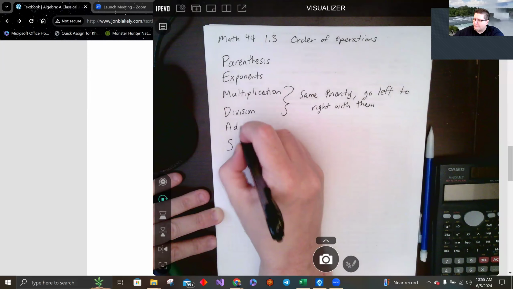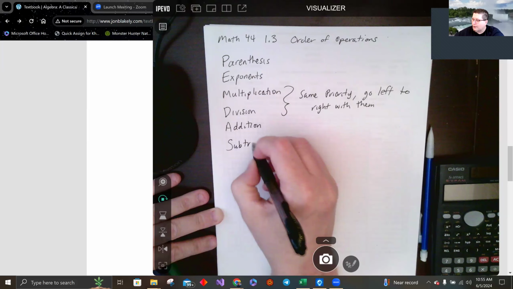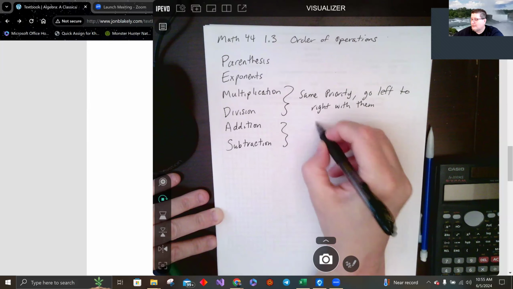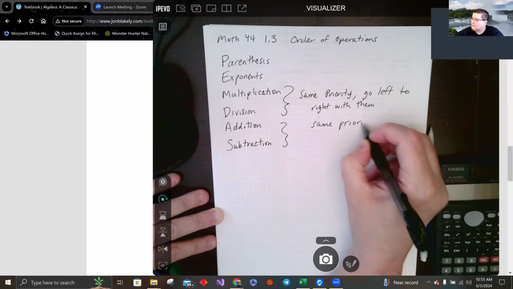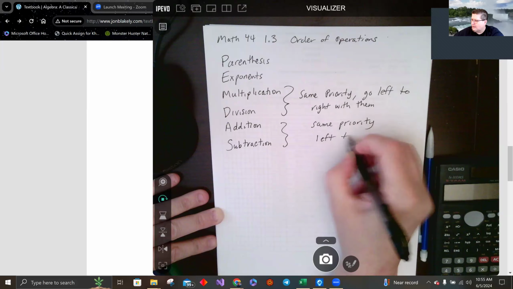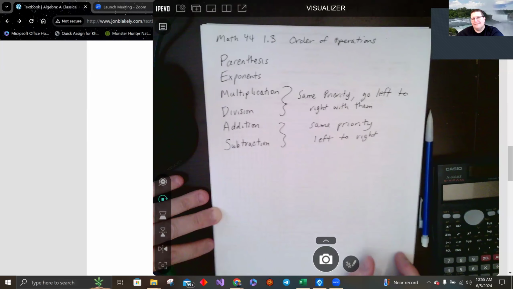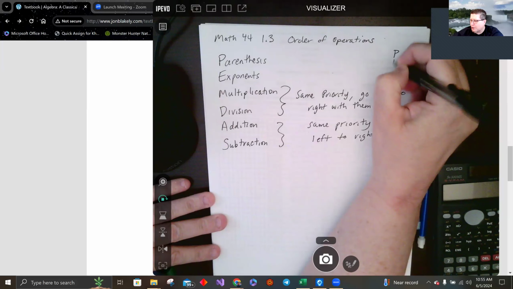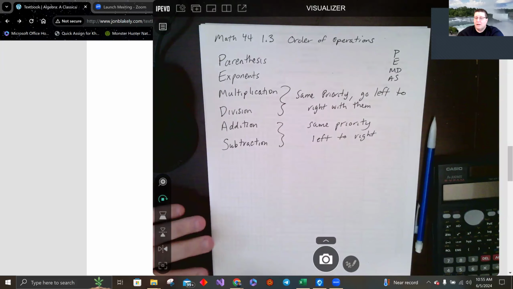And A and S are for addition and subtraction, and they also have the same priority, so left to right. Oftentimes when I'm working on problems that have these, I will actually make a little checklist next to the problem so that I can go through them.